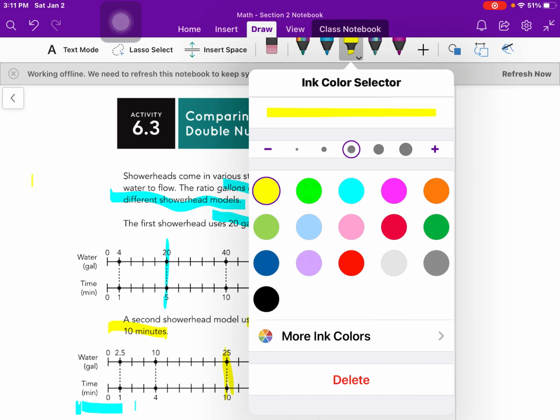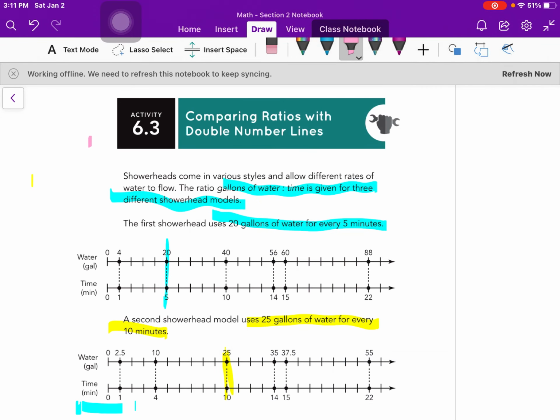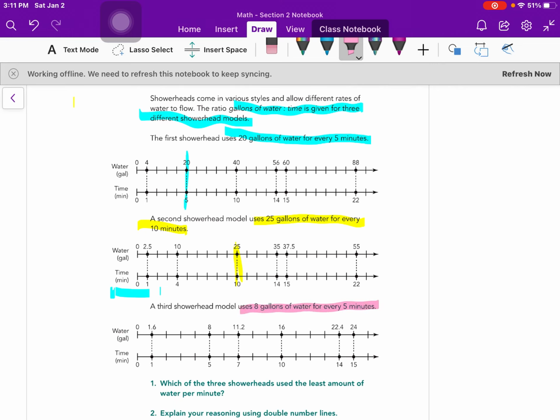And then finally, the last one says the third shower head uses 8 gallons for every 5 minutes. And they put that on there, 8 gallons for every 5 minutes. Then they went ahead and added some other numbers on their double number line.